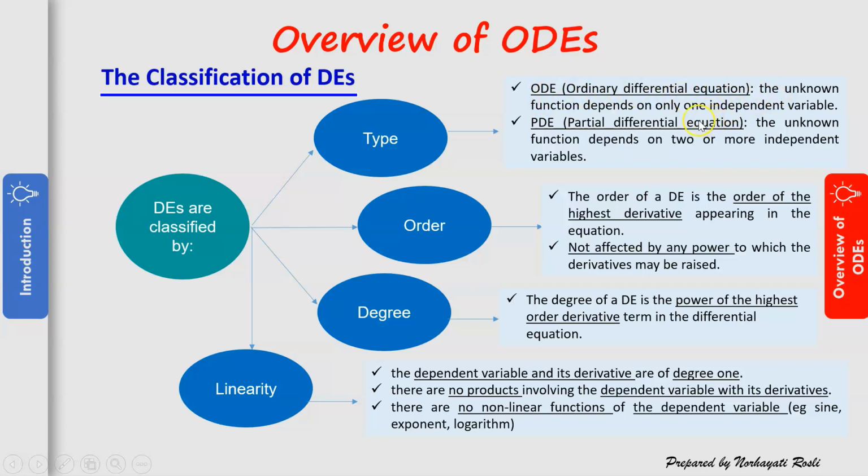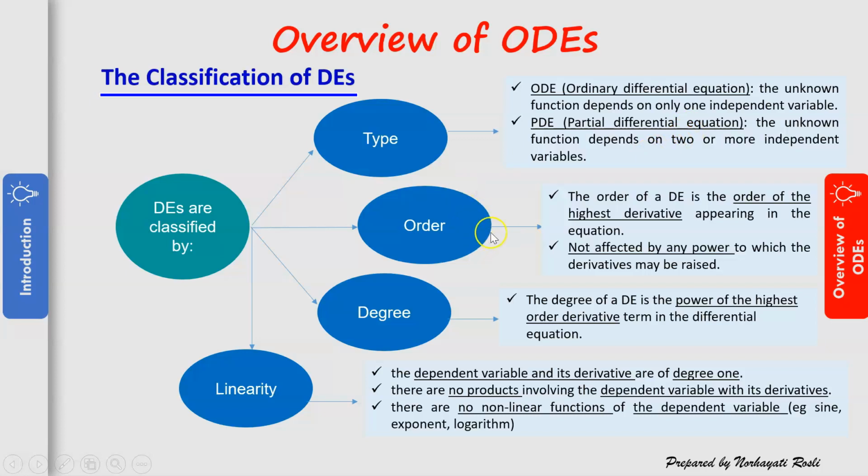Remember, it depends only on one independent variable. But for PDE, the unknown functions depend on two or more independent variables. So for this course, you will only learn about ordinary differential equation. We will not go to the partial differential equation.